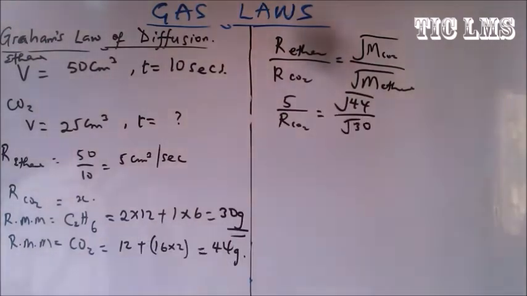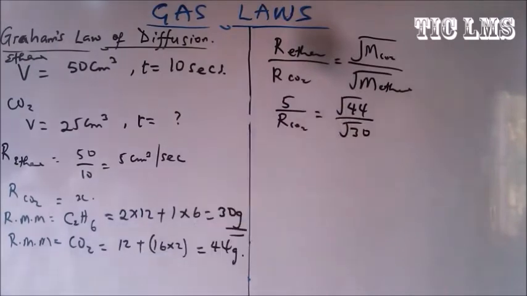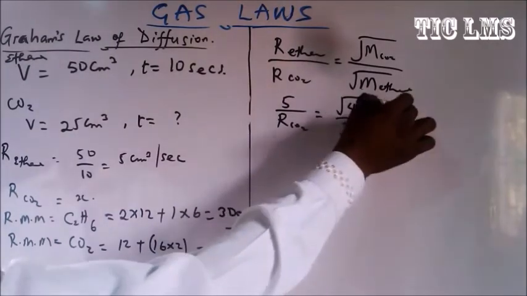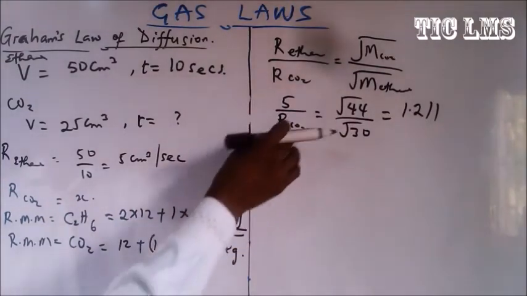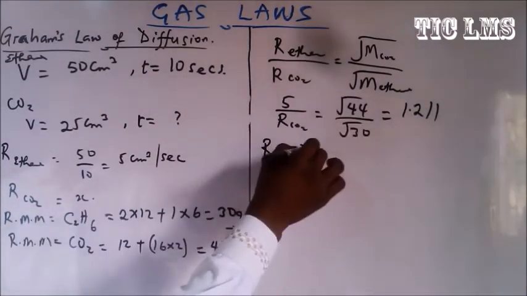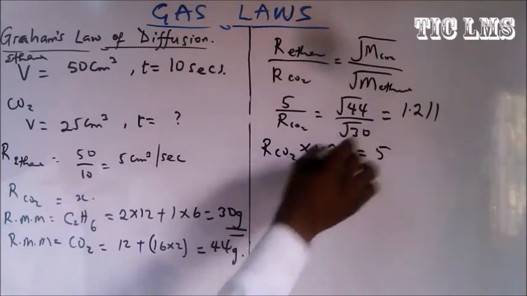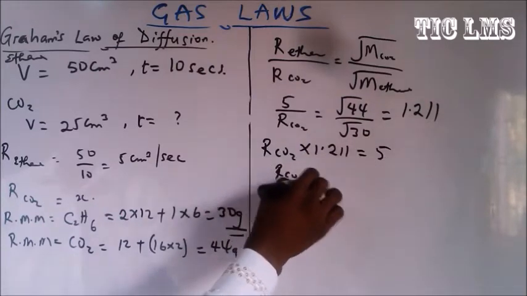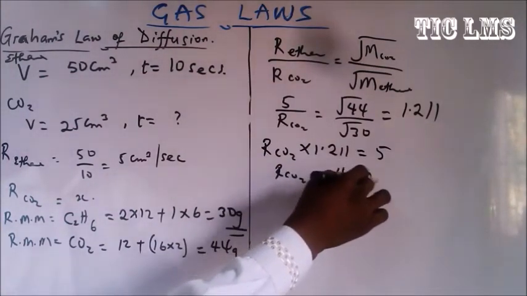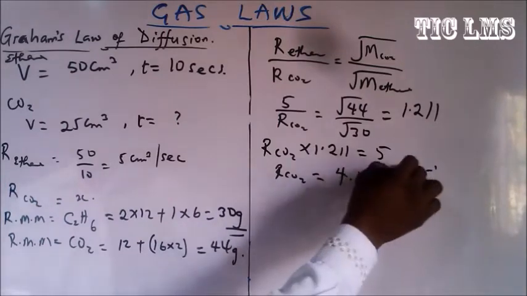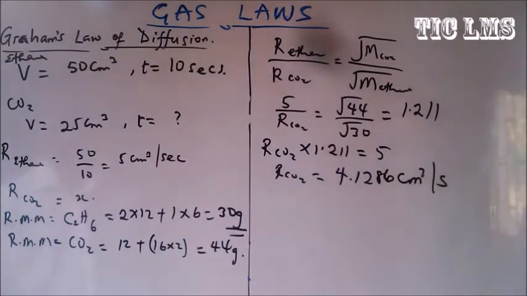The rate of diffusion of ethane we have as 5. We do not know that of CO2. The relative molecular mass of CO2 is 44 and that of ethane is 30. The square root of 44 divided by the square root of 30 gives 1.211. So when we multiply, 1.211 times RCO2 equals 5, and so RCO2 equals 5 divided by 1.211, which gives us 4.1286 cm cubed per second.